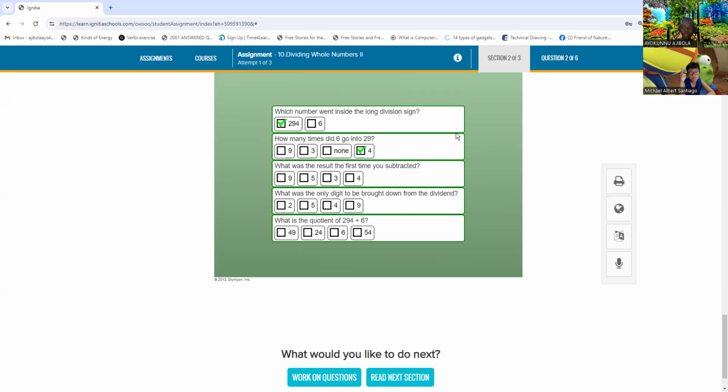Just count from 24 to 29. 25, 26, 27, 28, 29. 5, that's correct.